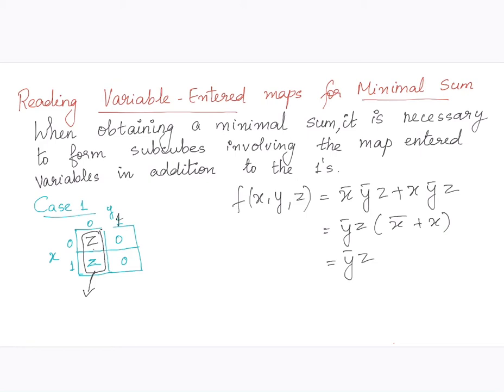So x cannot be written as x is differing, but y is the same. So y corresponds to 0, that means y bar, into the variable which is grouped, that is z. So both the grouped and the function reduction value are the same.